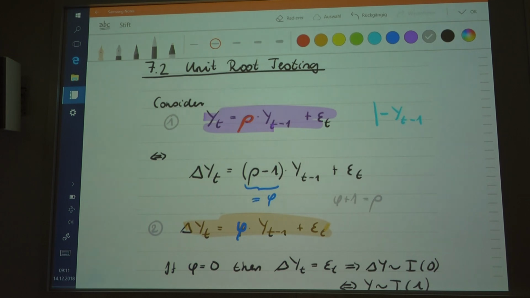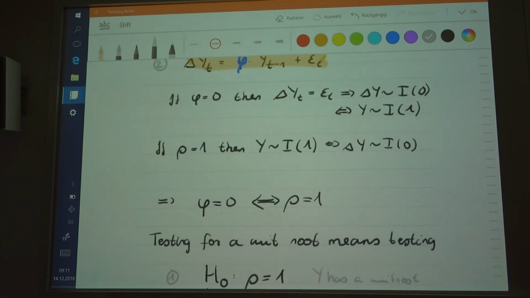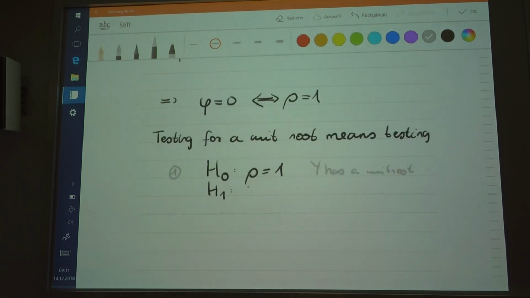I'm not sure whether you remember this, but the first order autoregressive process is stationary if and only if the slope coefficient has an absolute value less than 1. Maybe remember that. If it's greater than 1, then it's not stationary at all, and it's not even integrated of order 1. So the alternative hypothesis will be that the absolute value of the coefficient is less than 1.